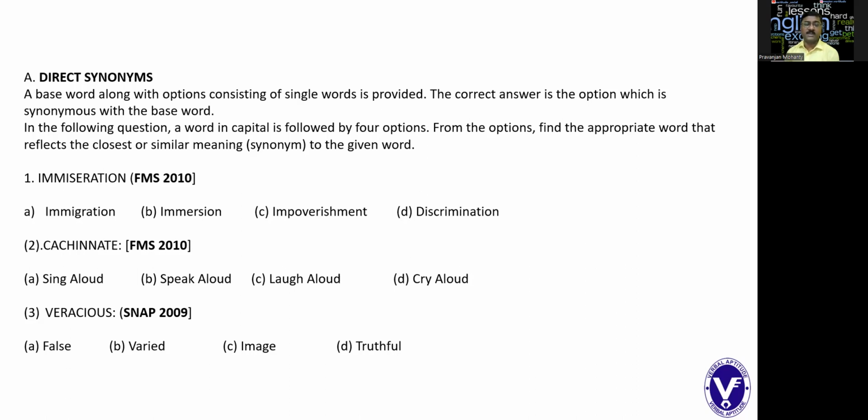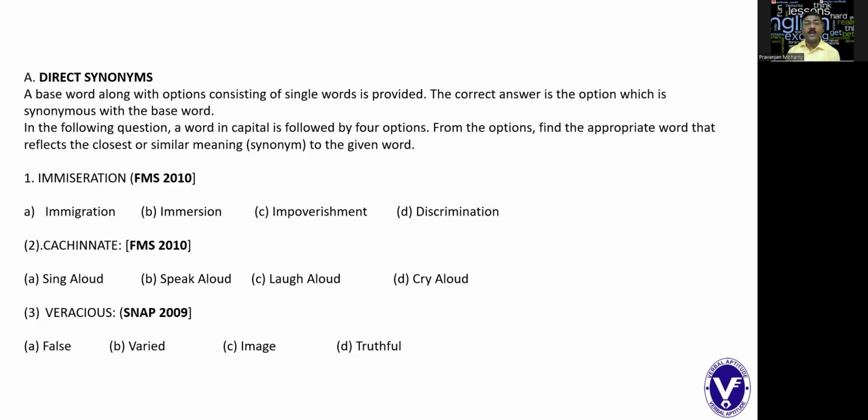Immigration is to go from one country into another country, right? To leave one's own country and go to another country, to come into a country and settle down in that country will be known as immigration. And when you leave a country, you are emigrating. And when you are coming into that country, you are immigrating.